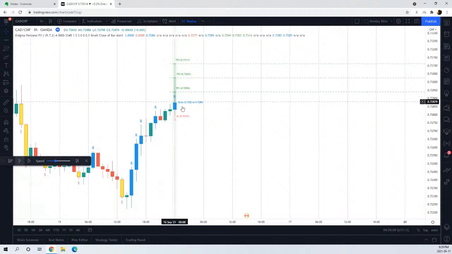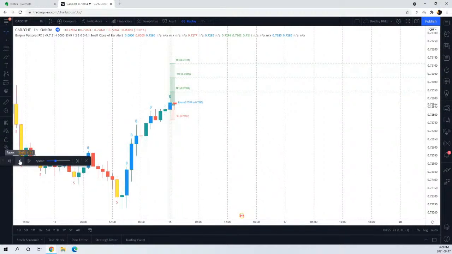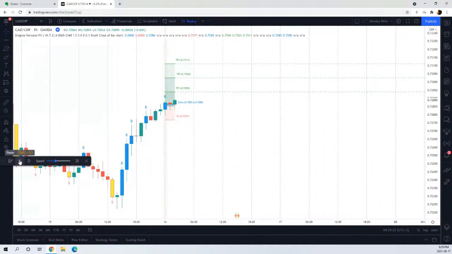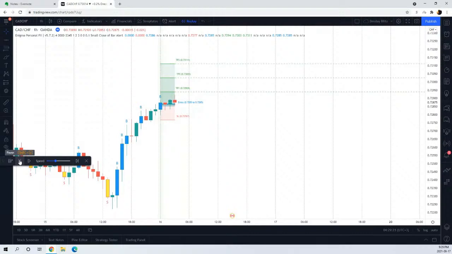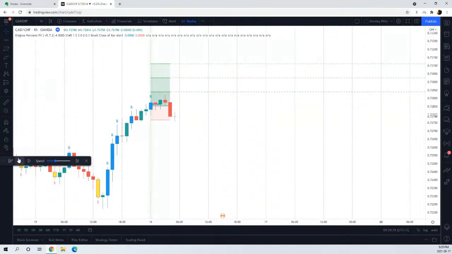So it gave you a buy signal here, and TP1 is here. Let's continue. So it almost went to your stop loss, and you hit your stop loss here.